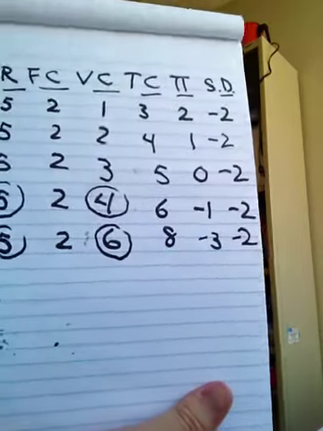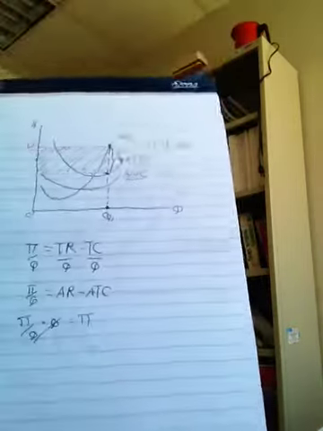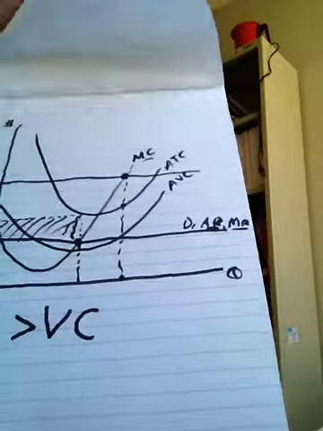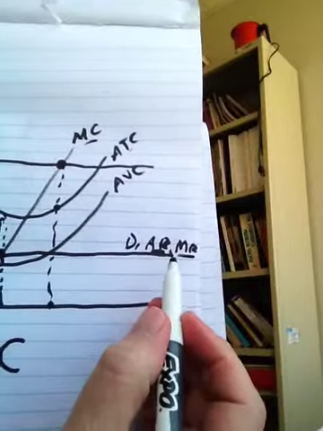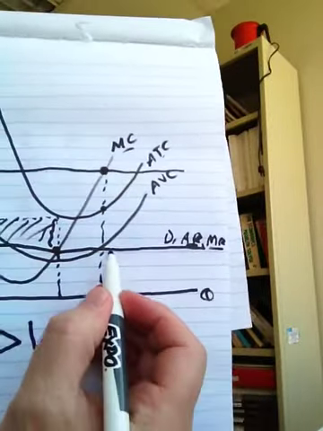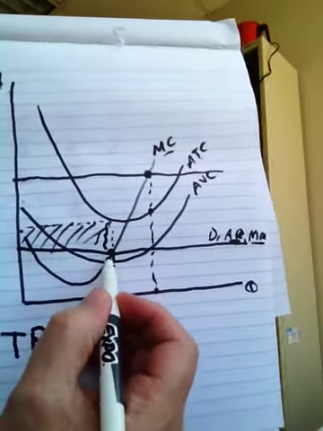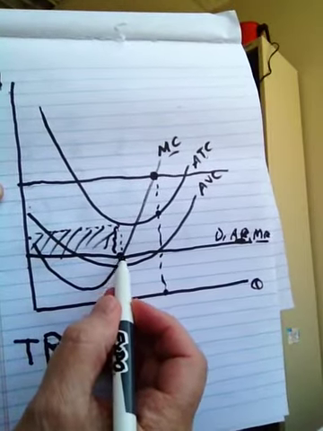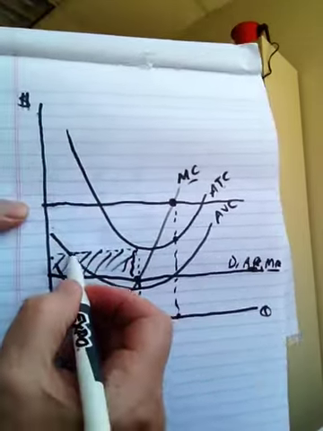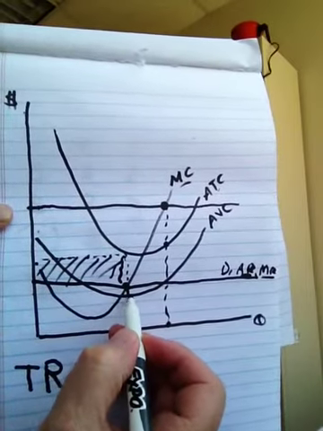So, if we turn back here, we can see that this guy's average revenue is covering his variable costs at that point of operation. There's average revenue. There's average costs right there.